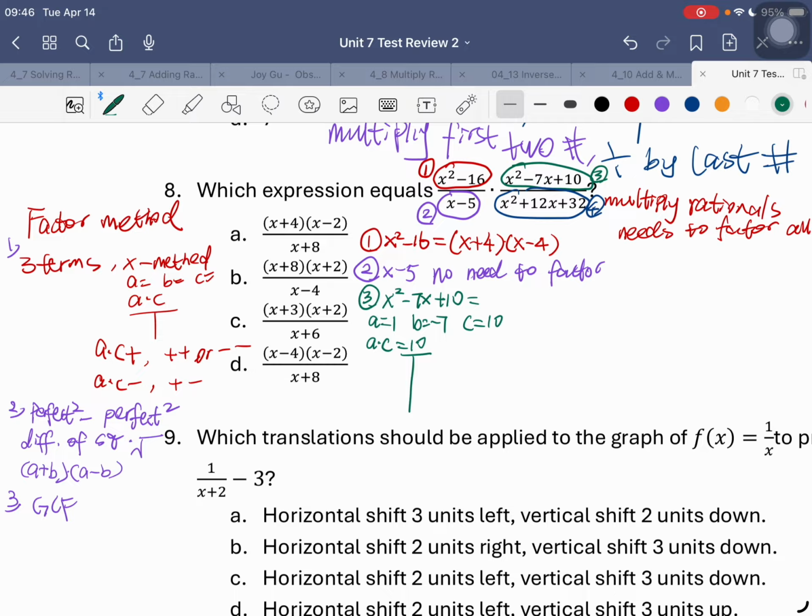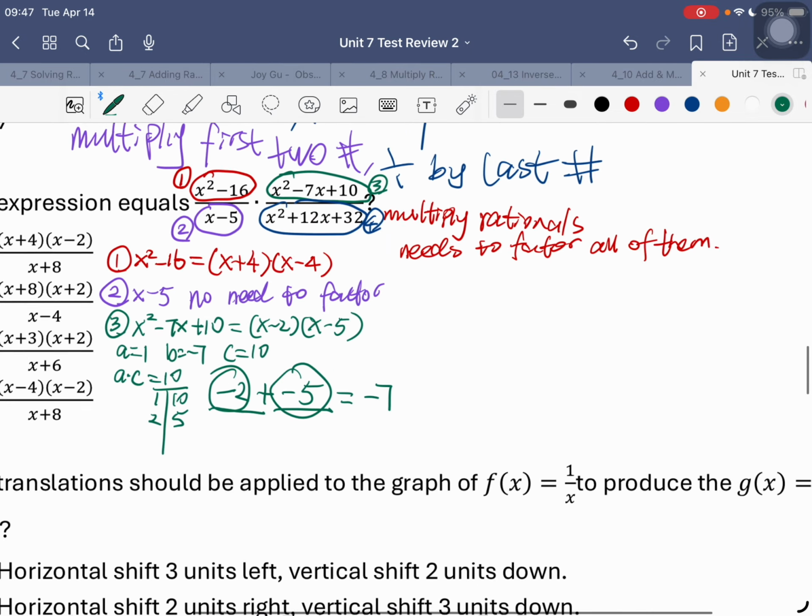I need to factor 10: 1 and 10, 2 and 5. There's only 2 ways to factor. However, my b is negative 7. I know when AC is positive, my factors need to be both positive or both negative. So how can I add up to negative 7? Both negative. So it'll be negative 2 plus negative 5. And this is how you factor 3: x minus 2, x minus 5.